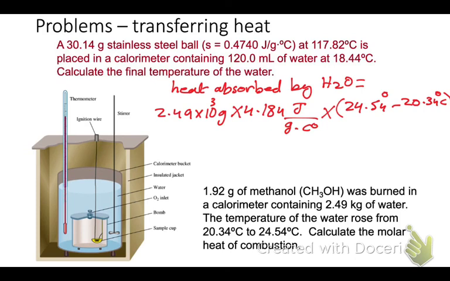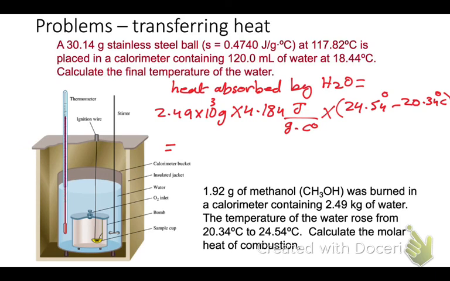So now if I do the math, and I'm going to have 3 sig figs, the answer will be in joules.